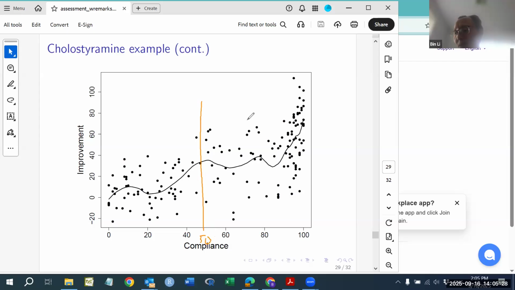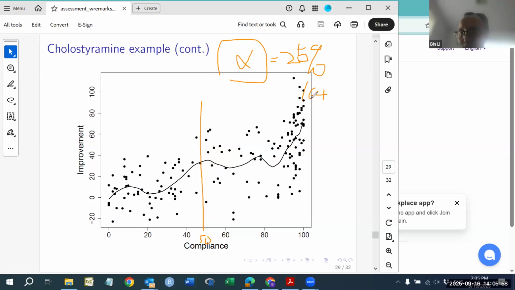First, the loess smoother has a parameter that you need to choose. We can call it alpha, the neighborhood size. We have 164 as the total sample size. Suppose alpha, the neighborhood size, is 25%, 0.25, so it's a quarter.